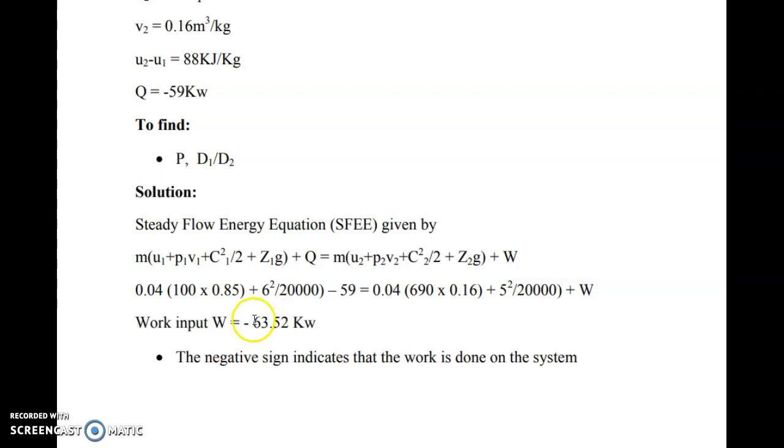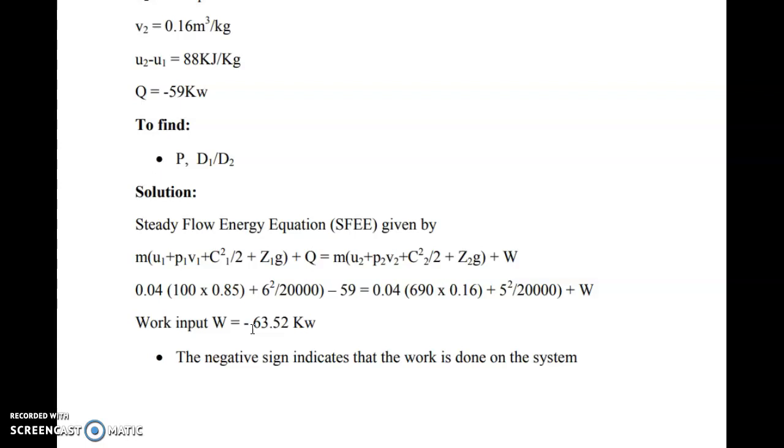Okay, if you simplify these relations, finally you will be getting work input for the given situation as 63.52 kilowatt. 63.52 kilowatt. Here the negative sign indicates that we are giving work to the system. We are not getting any work from the system.